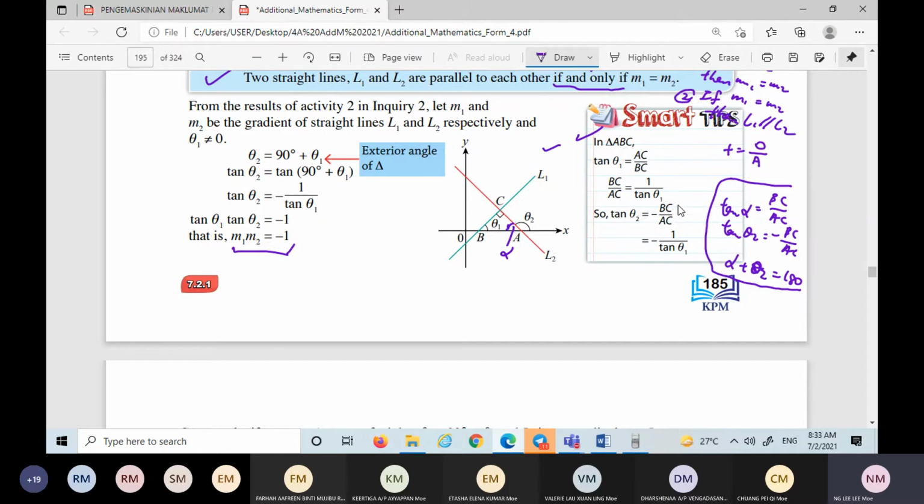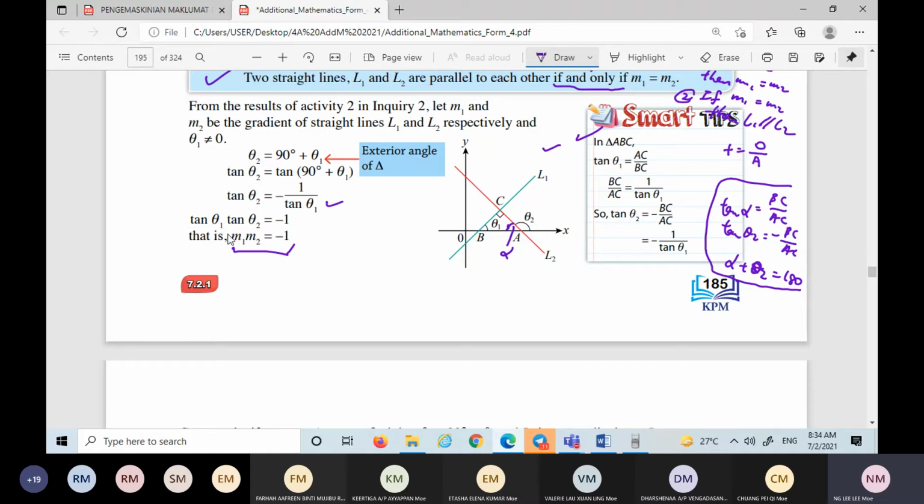Now you see BC over AC is this, so you replace BC over AC with 1 over tangent theta 1. Therefore tangent theta 2 is equal to negative 1 over tangent theta 1. Then you move this to this side, so tangent theta 1 times tangent theta 2 is equal to -1.